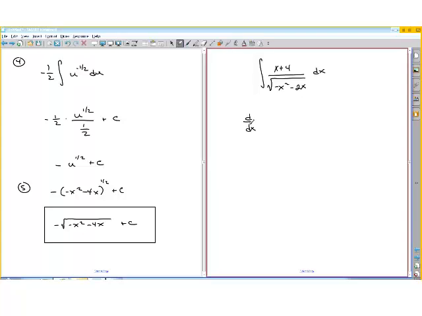So when we take the derivative, we're doing the same thing here. We take the derivative of the term in the square root sign, we would get negative 2x minus 2, which is the same as negative 2 times x plus 1.